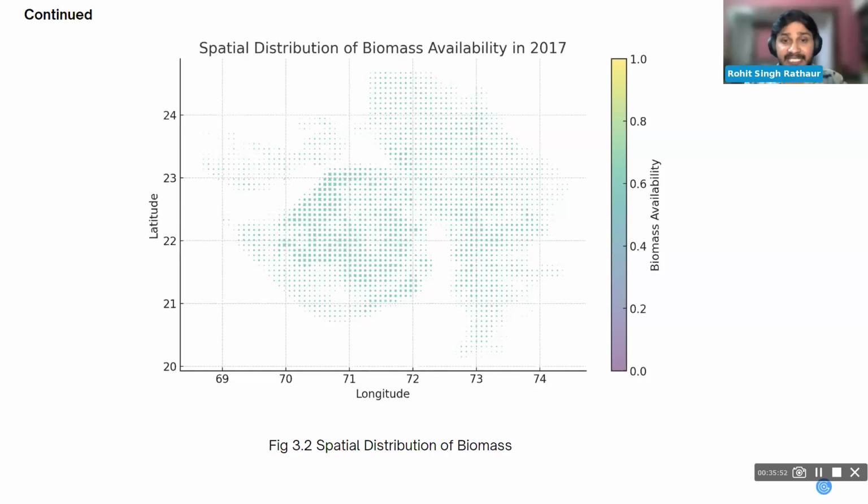Now the next step would be to check if there is any correlation between availability and geographical location. But we will have to keep in mind that the relationship between location and biomass availability could also be influenced by various other factors like soil type, rainfall, and temperature, etc., which I had already mentioned.